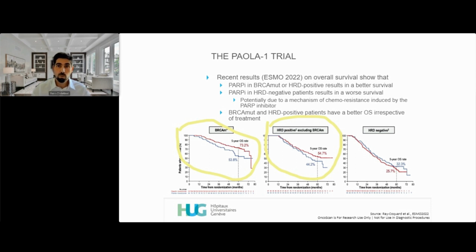But what was striking is that in the HRD negative population, the progression-free survival results show there was no benefit, but the overall survival results show that it is actually detrimental to treat patients with olaparib when they are HRD negative. So the result is not statistically significant, but the trend is well present.